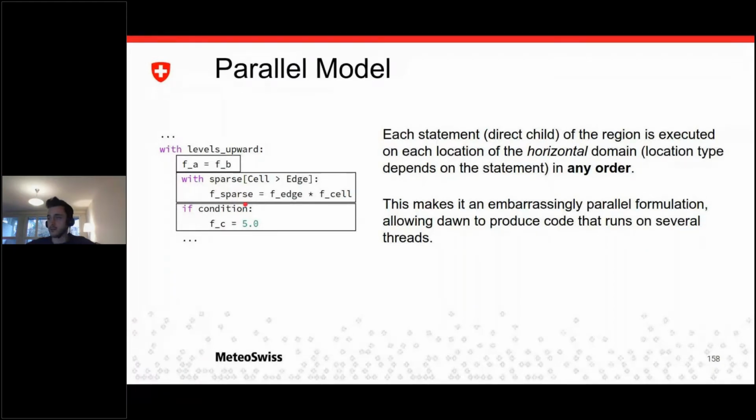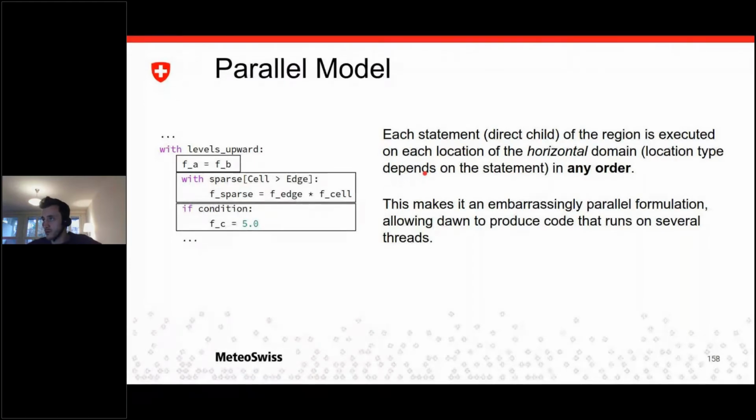So saying any order means for us this is already a parallel formulation, and this is why we call this the parallel model. This you can run on several threads. Each time you encounter a statement, you spawn these threads to execute it over the whole domain. Then you synchronize, then you start with the next statement, and so on.